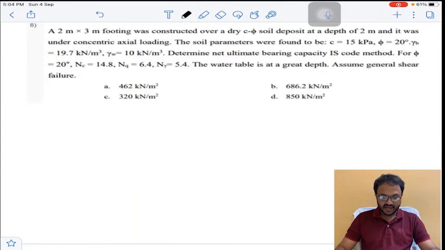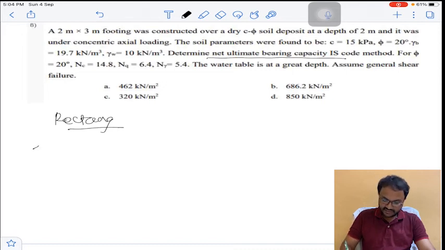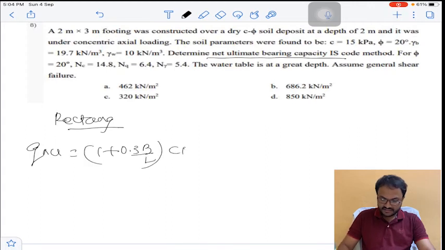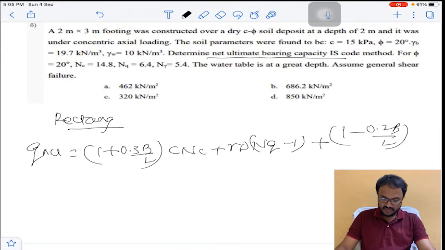Coming to question number 8, he has given a rectangular footing. For this rectangular footing, the net ultimate bearing capacity formula by IS code is QNU is equal to (1 plus 0.3 B by L) cNc plus gamma D (Nq minus 1) plus (1 minus 0.2 B by L) 0.5 gamma B N gamma.